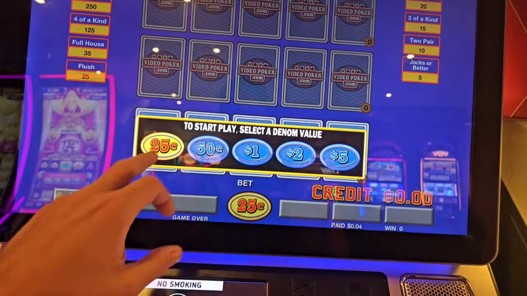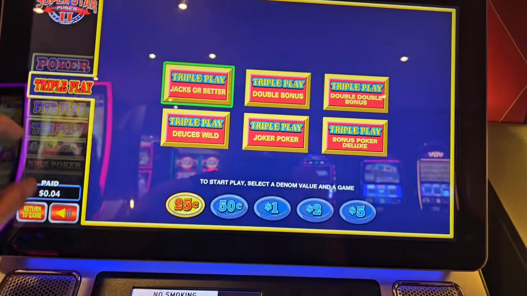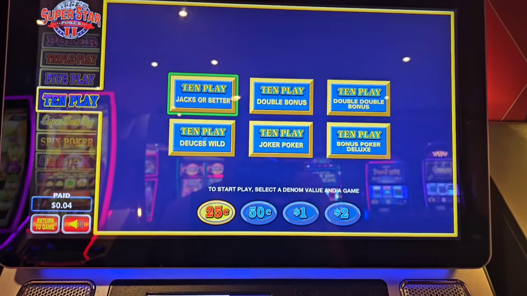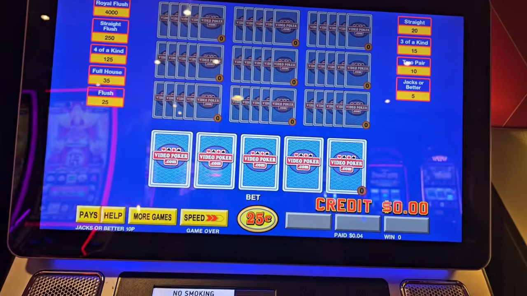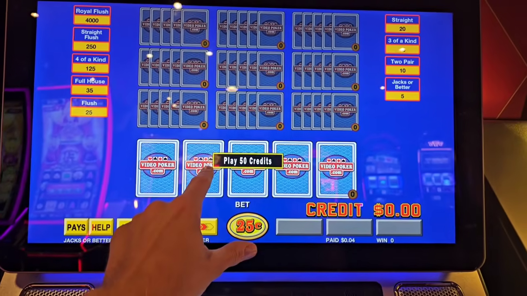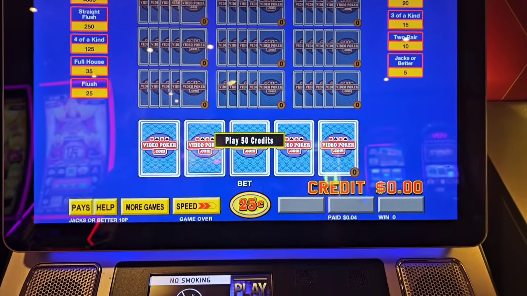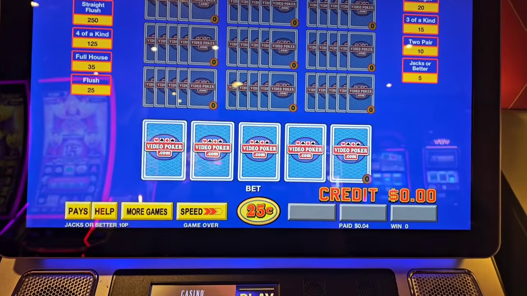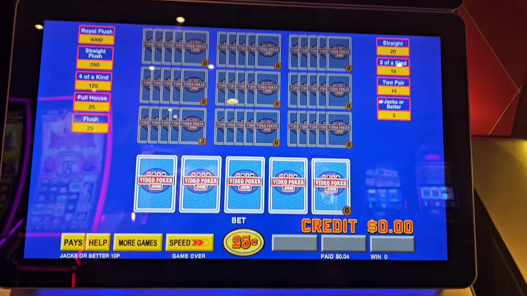You can reduce your volatility even more, if your bet size stays about the same, by going all the way up to 10 play. Now here, you get dealt a hand, and when you do your holds, you keep your holds for all the hands, and then you draw new cards for each of these hands, which reduces your volatility significantly.